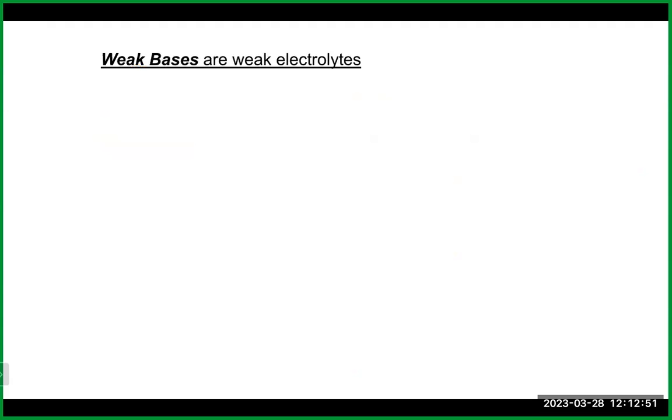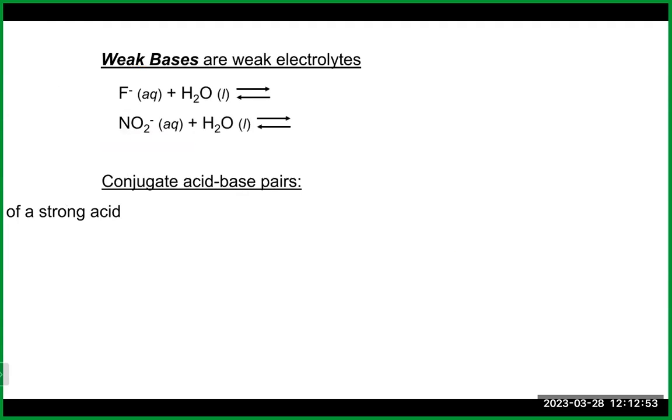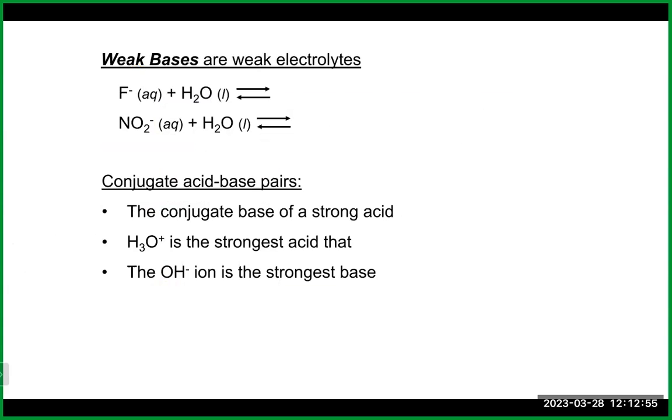Not all bases contain hydroxide in the formula, and some can create hydroxide as a result of a reaction. So weak bases, remember, if it's a base, it's going to accept the H plus in both of those cases. It will make HF in this case and OH minus. It will always make where it comes from.